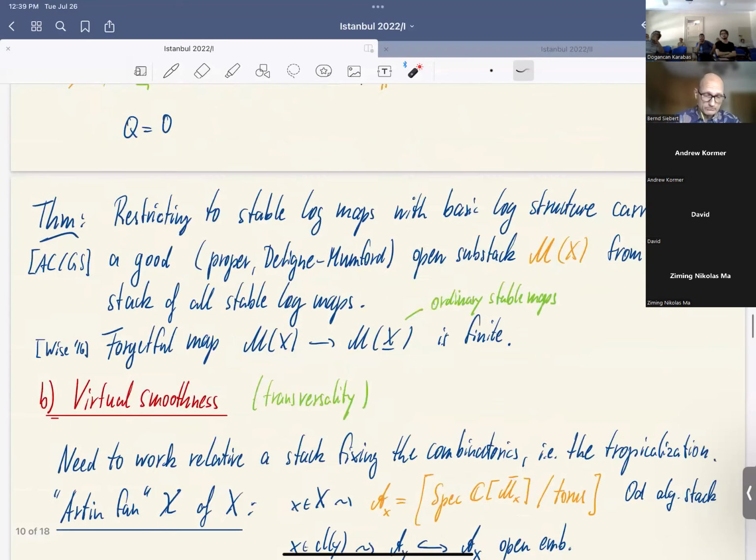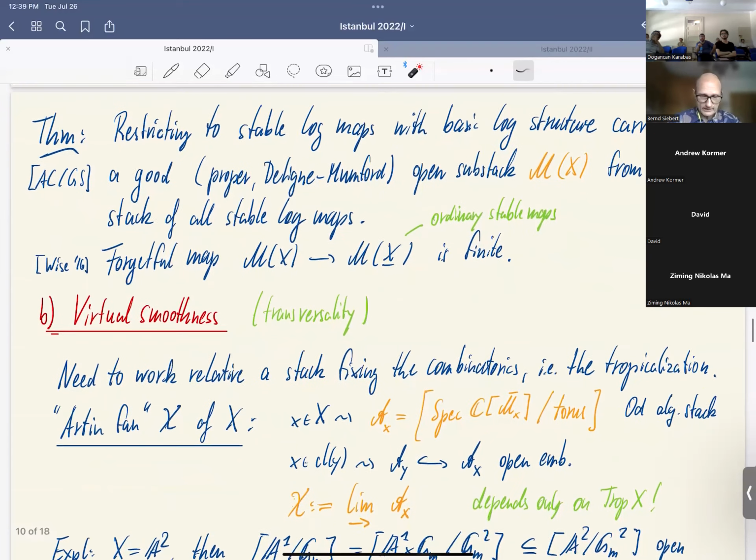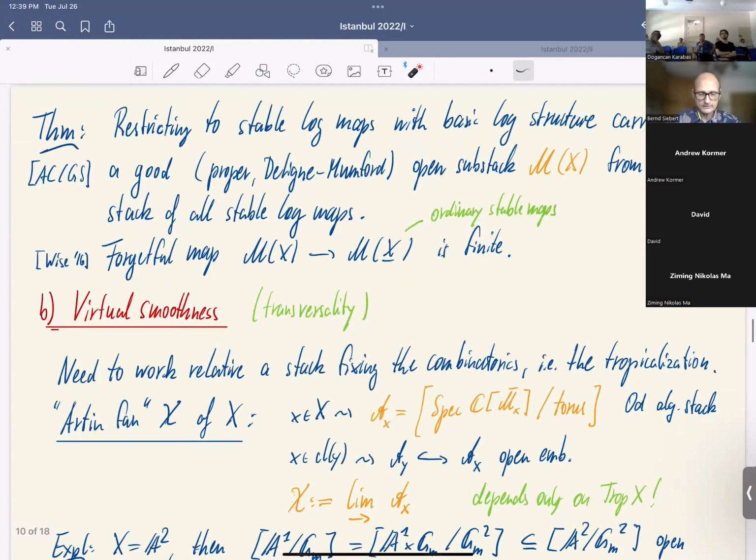Okay, so cutting all the technicalities, but it's really not that hard. If you restrict to stable log maps with the basic log structure, this basic log structure carves out a good open substack. I write script M of X for it, inside the stack of all stable log maps. And good means, of course, it's Deligne-Mumford and proper.